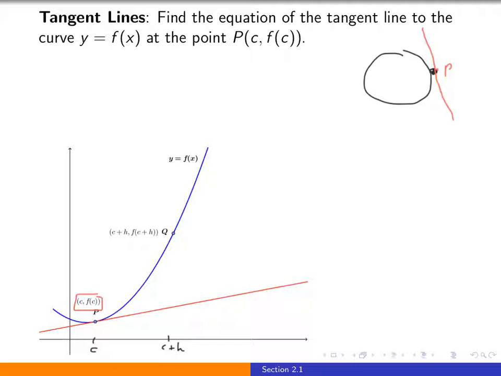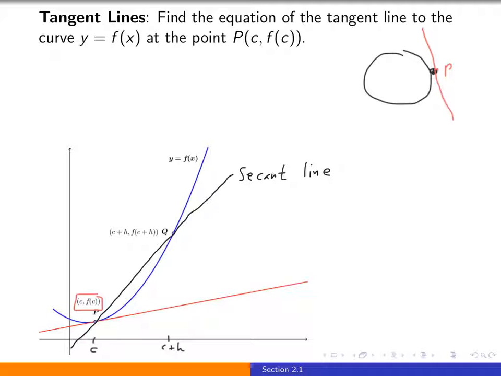So the line which passes through the points P and Q would be a secant line. The difficulty of finding the slope of the tangent line is that we only know one point on it. But when it comes to the secant line, we can very easily find its slope.